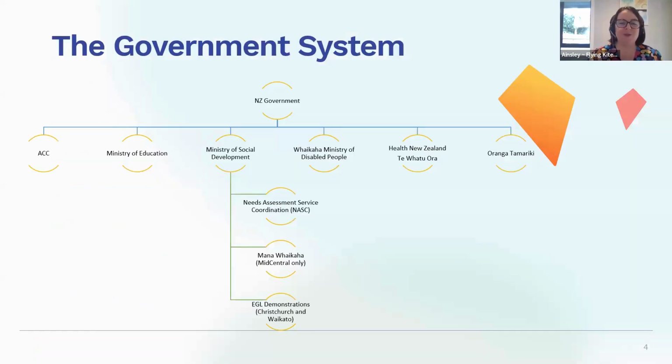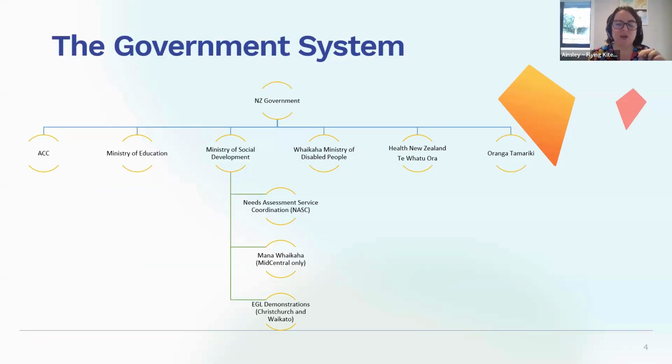If you came last week, you will have seen a conversation about how the government structure comes together. In this situation, we're talking about NASCs. The government has the money, they give it to the Ministry of Social Development, and specifically the Disability Support Services portion of that giant thing that is MSD.